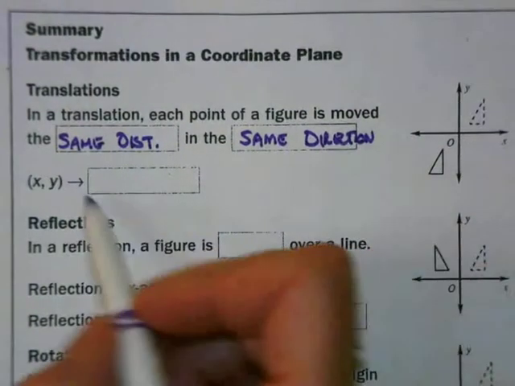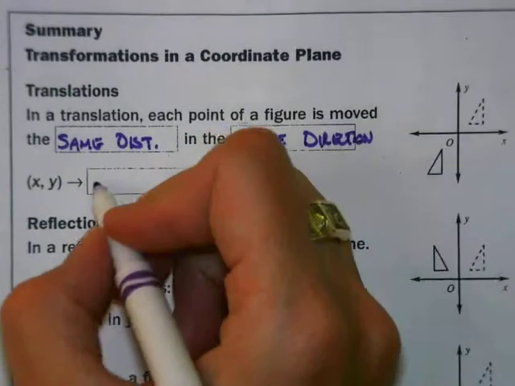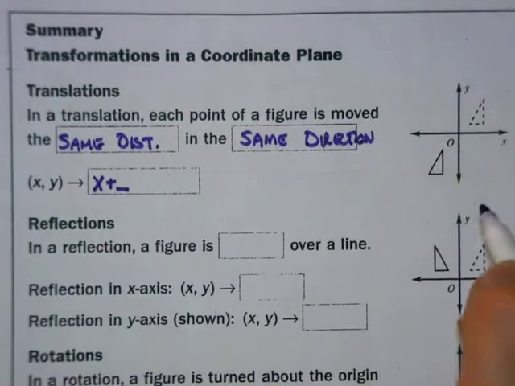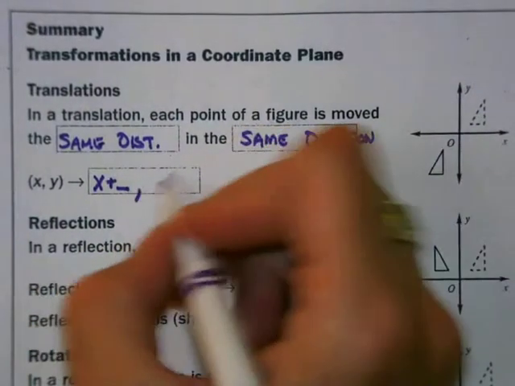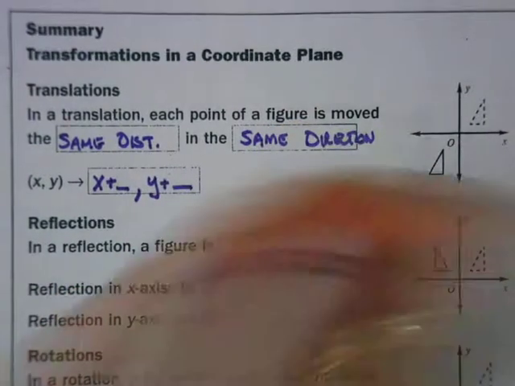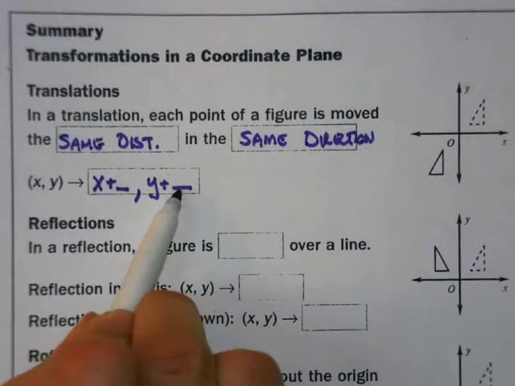So if you started off with coordinates x, y, you would end up with coordinates x plus however much you moved it to the right, comma, y plus however much you moved it up. If this number is negative, that's moving it left. If this number is negative, that's moving it down.